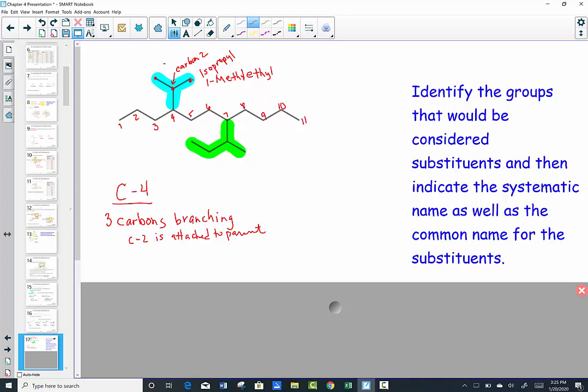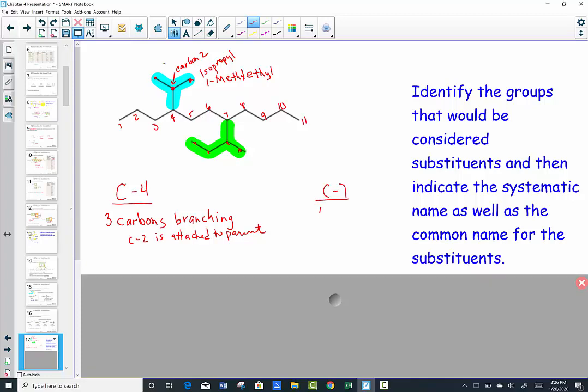How about the green one? All right, I see 1, 2, 3, 4. So there are 4 carbons in that unit. Now the 4 carbons are not straight chains, they're branched. In other words, the carbon that's attached to the parent is at C2, not carbon 1, or it would just be a butyl group, but it's attached to the second carbon.